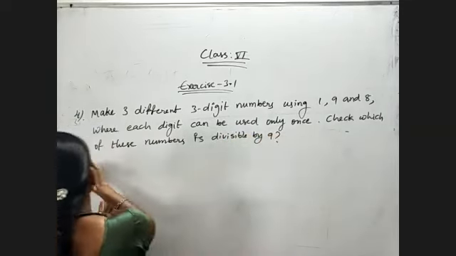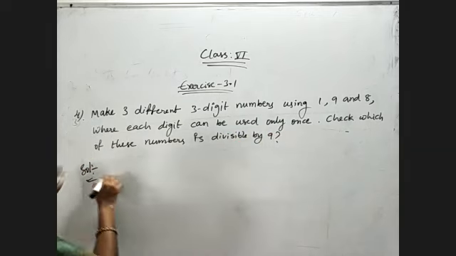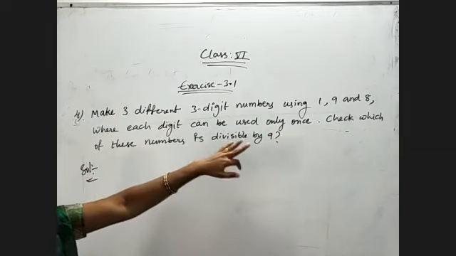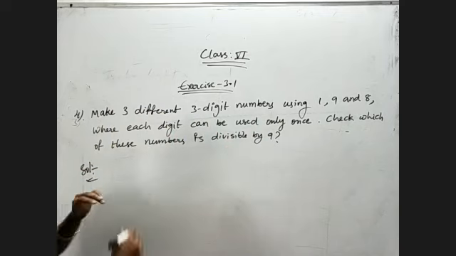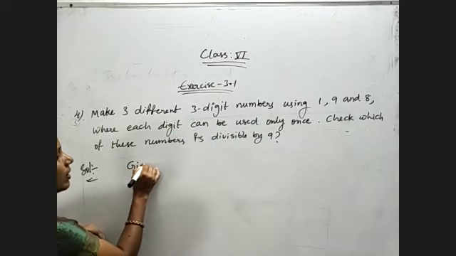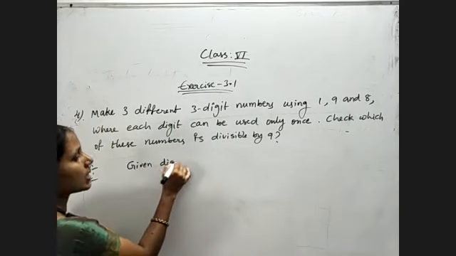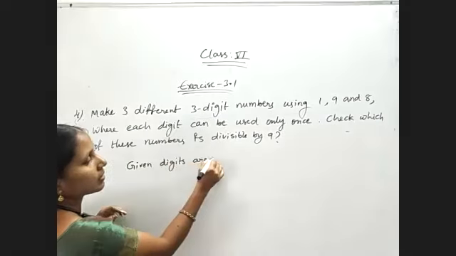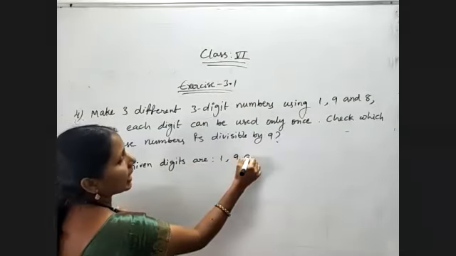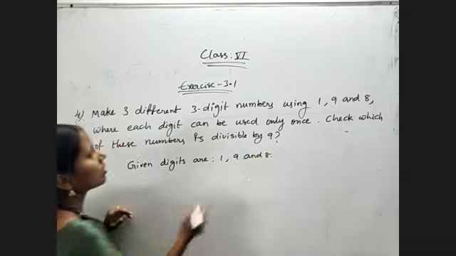Okay, observe the question once again. Make 3 different 3-digit numbers using 1, 9 and 8. So the given digits are 1, 9 and 8.